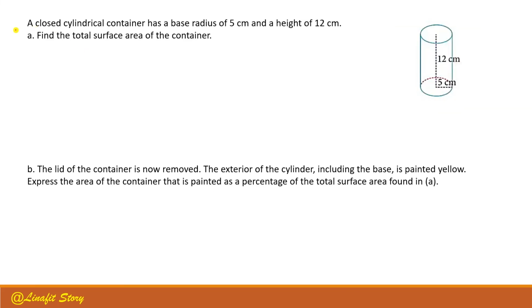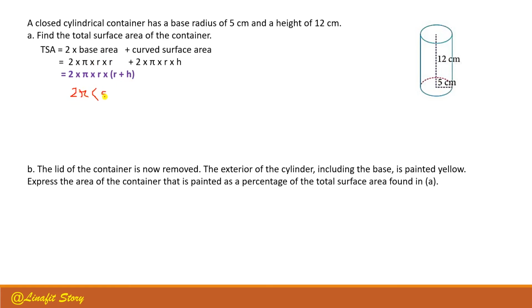A closed cylindrical container has a base radius of 5 cm and a height of 12 cm. Question A. Find the total surface area of the container. There are 2 circles and the curved surface. So to get the total surface area is 2 times base area plus the curved surface area. 2 times pi times the radius, which is 5, times 5 plus 12. 5 plus 12 is 17.